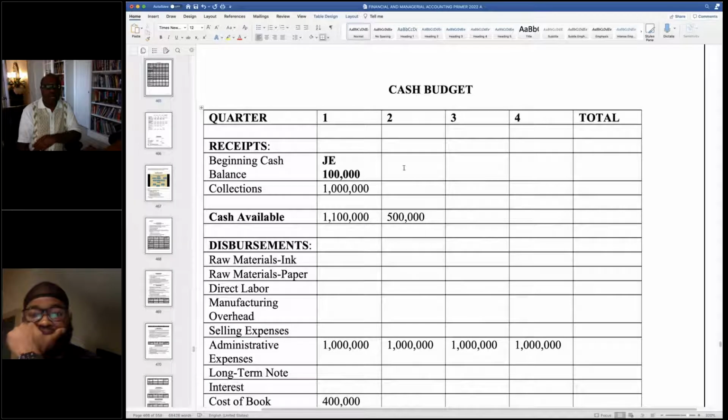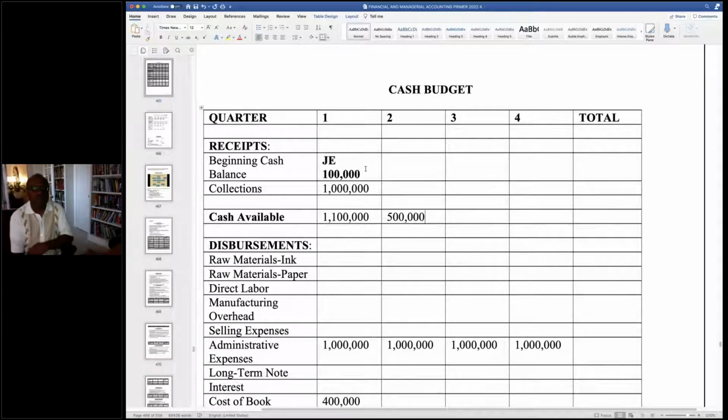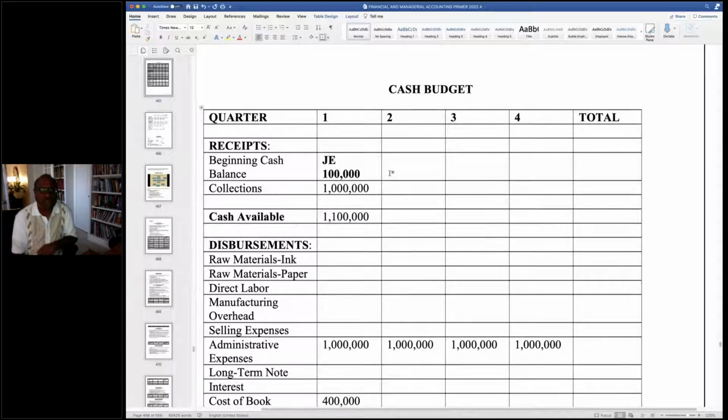And we do have our 100,000. We collected 500,000. So the cash we have available is going to be 600,000.